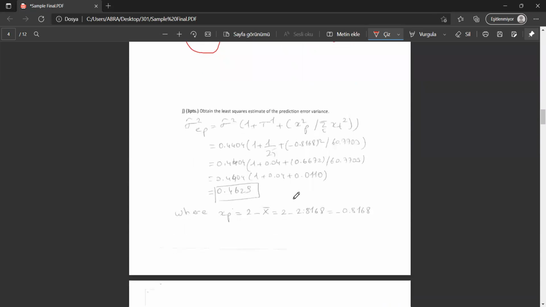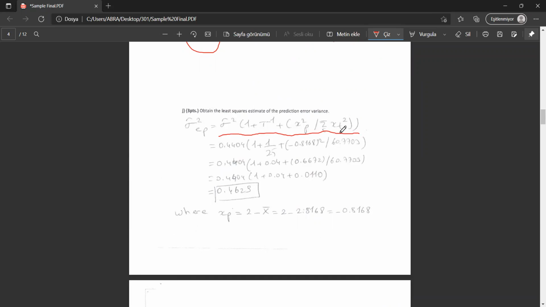That's all. And in part J, we are obtaining the least squares estimate of the prediction error variance. Now, this has a formula like this. It is different from the error variance, the variance of our model, because, you know, it is the future. It includes some other slight modifications.